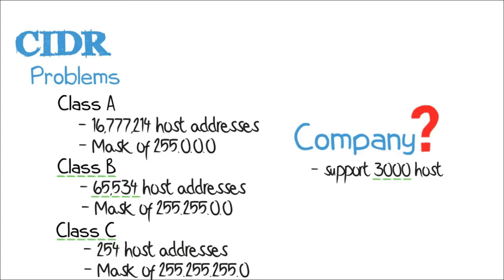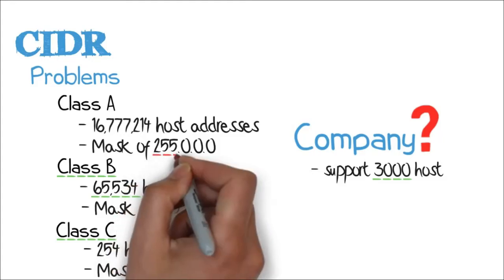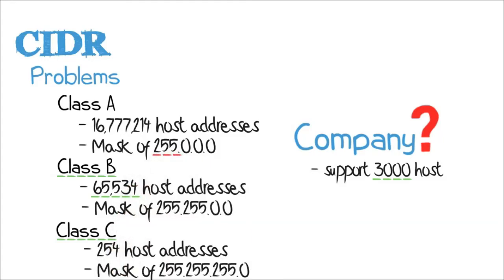Now, rather than doing that, we can move the subnet mask in CIDR. Notice in Class A, B, and C addresses, the subnet mask is set on the octet boundary. Class A, first 8 bits. Class B, first 16 bits.